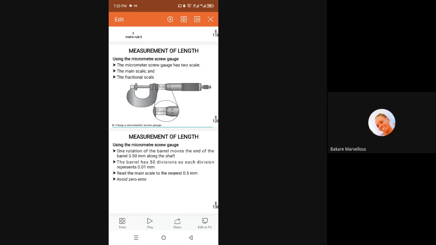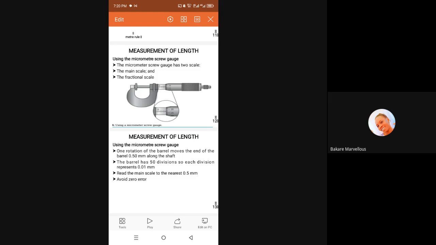You have not taken measurements and yet there are readings already. So that is zero error to look out for. The same thing also applies to the micrometer screw gauge.